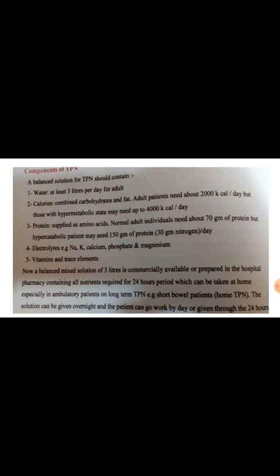The protein is supplied as amino acids; a normal adult needs 70 grams of protein per day. In hypercatabolism it is doubled or nearly doubled, 150 grams of protein per day. Electrolytes, calcium, phosphates, vitamins and trace elements. The TPN contains what we need: carbohydrates, proteins, lipids, trace elements, sodium, potassium, calcium, magnesium, and vitamins.